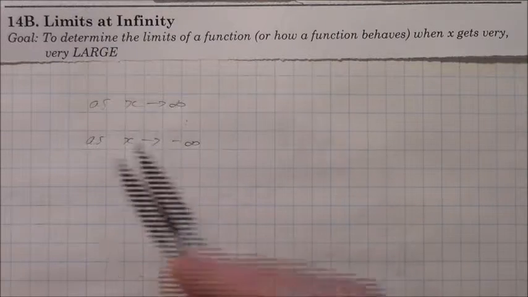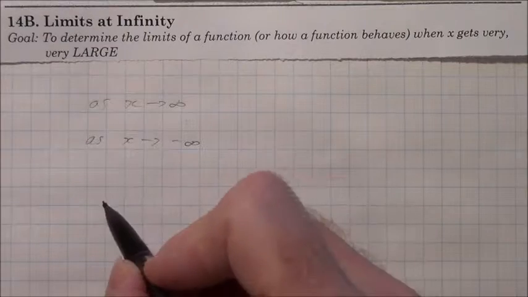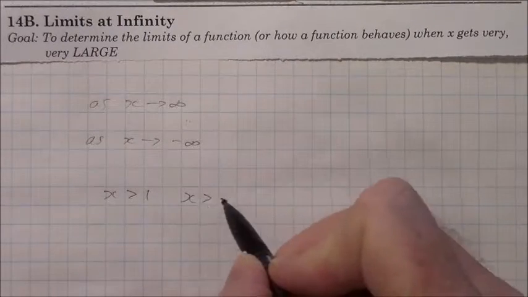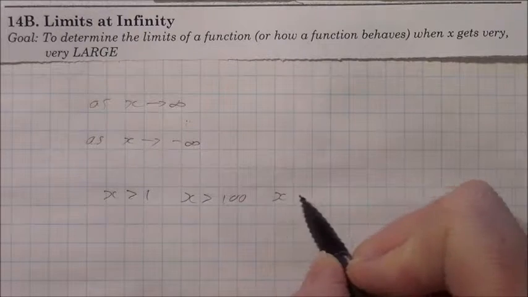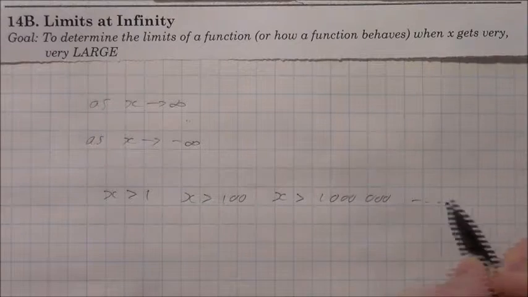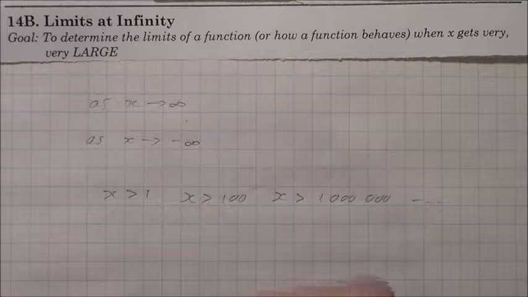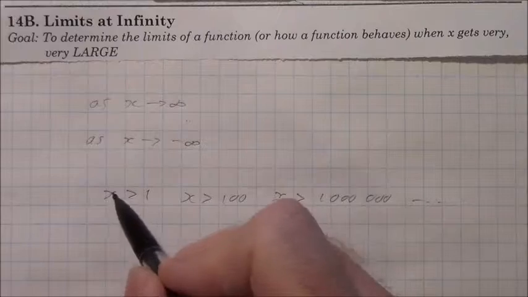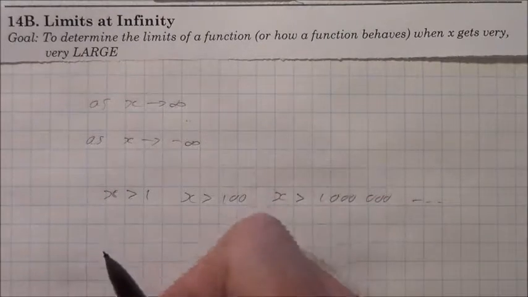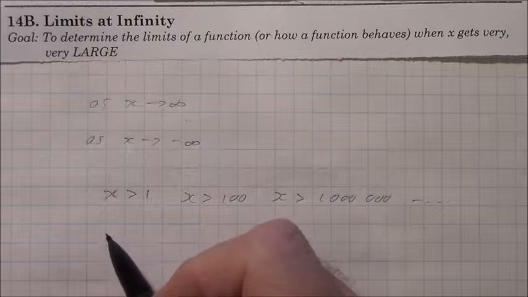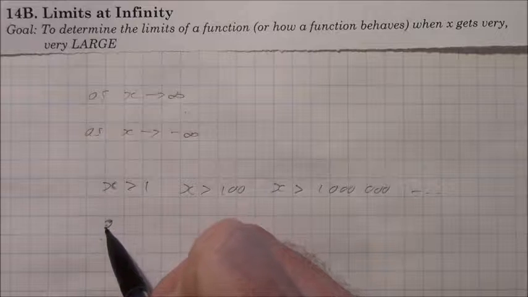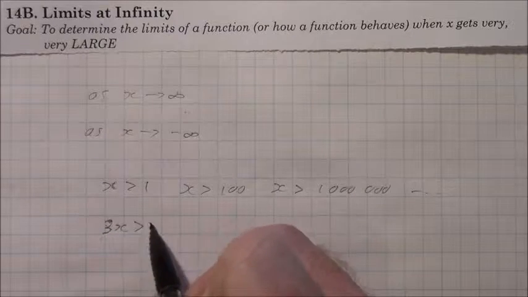So when we're talking about this kind of thing, we're saying that yes, x can get greater than 1, x is greater than 100, x is greater than 1,000,000, etc. We're also saying then that if we were to multiply x by certain things, if we had 2x or 3x, let's go 3x, 3x is greater than x.